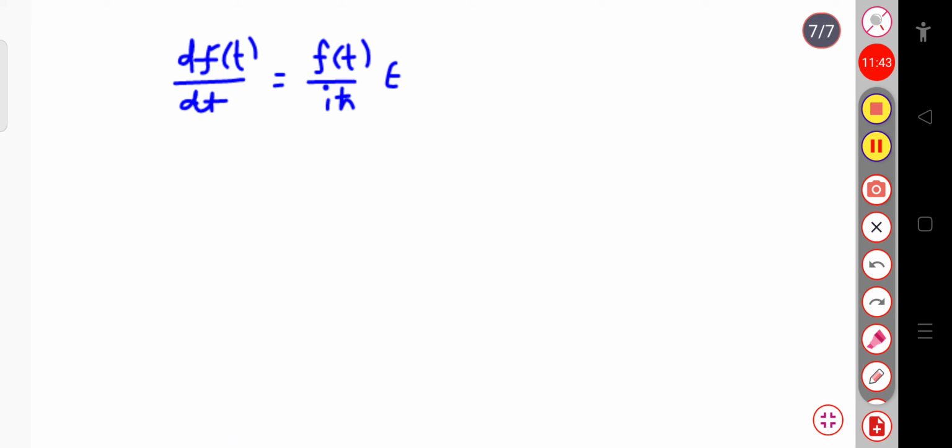If I divide by iota and multiply by iota in the denominator as well as numerator, this i into i, that is i squared, will be minus 1.